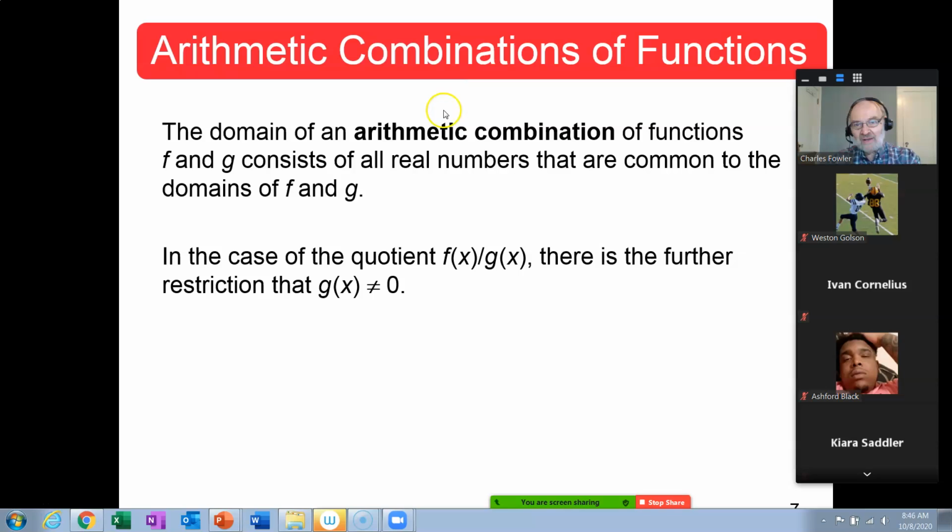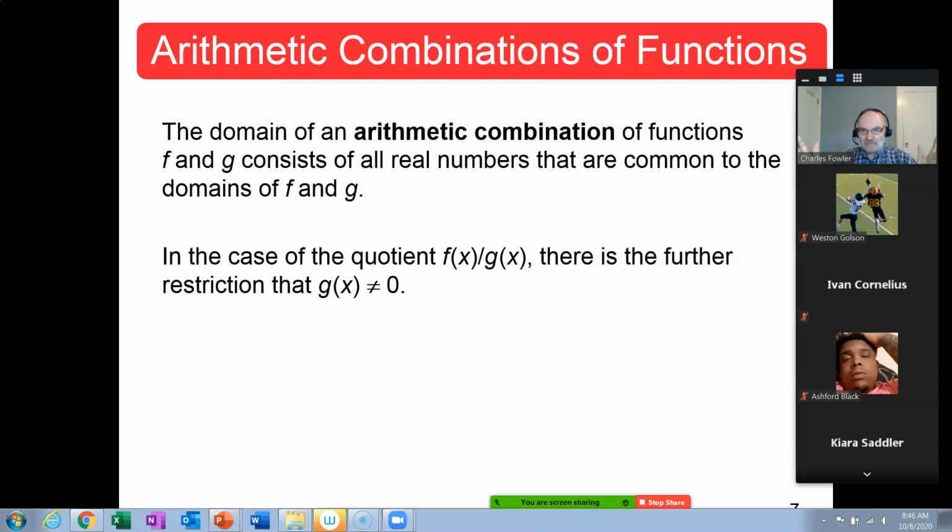So the domain of the arithmetic combination of functions f and g. Okay, here's another issue. I sort of understated the other thing. Let's say we've got a function f, and its domain is from -10 to +3. And then you've got a function g, and g may go from -5 to 14. When you do an arithmetic combination, that produces a new function.